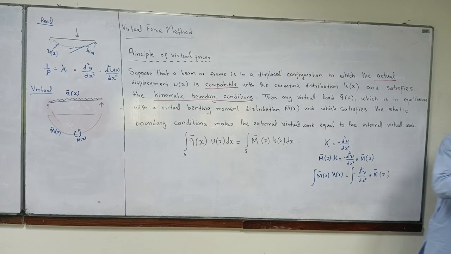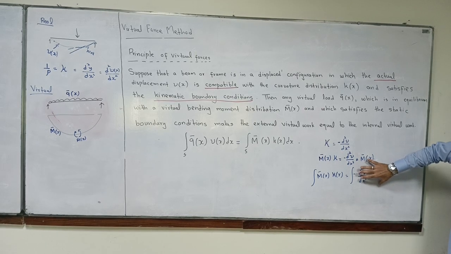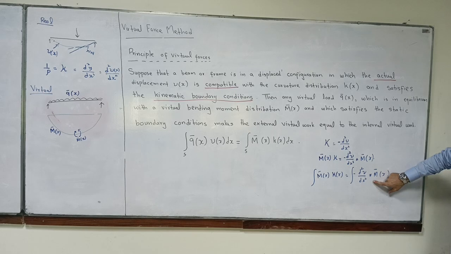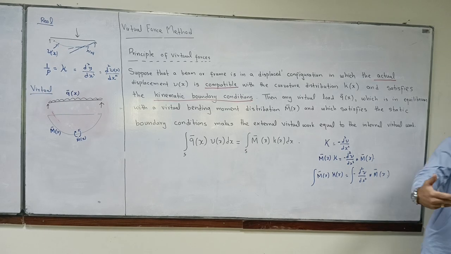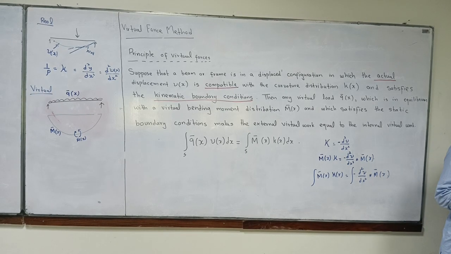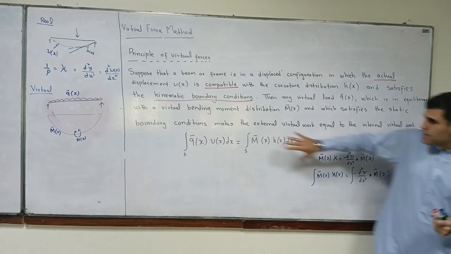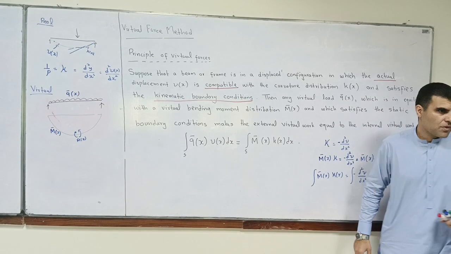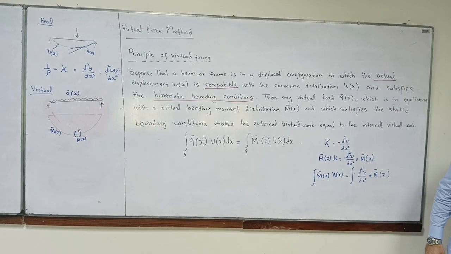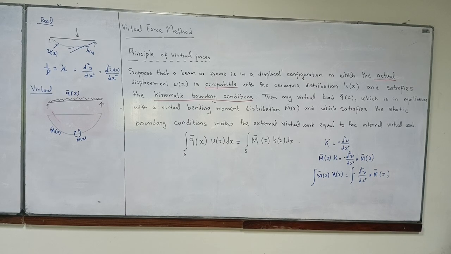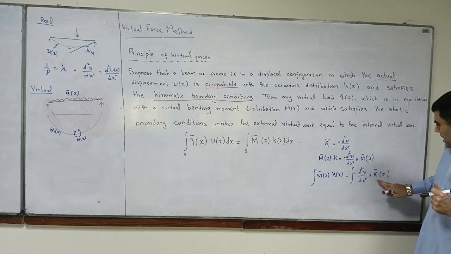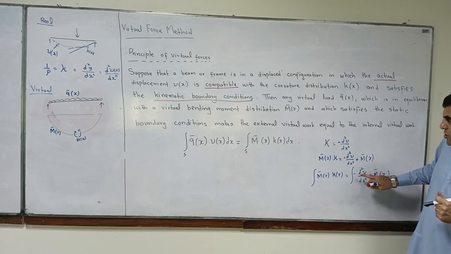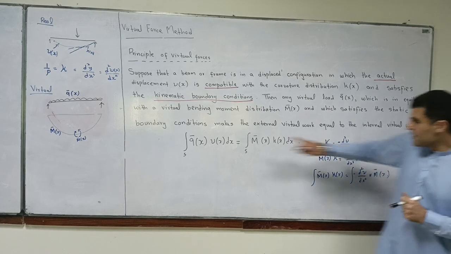So you do the integration by parts on this one, and you put the boundary condition in it and you get the right hand side, which is this one. Okay, so that's how you get what is called the right hand side.